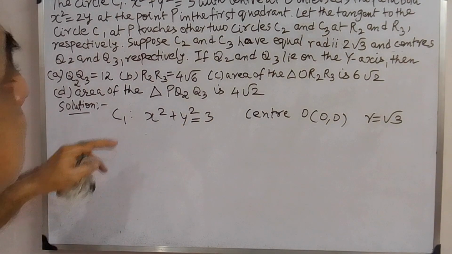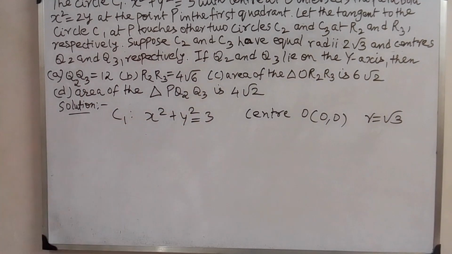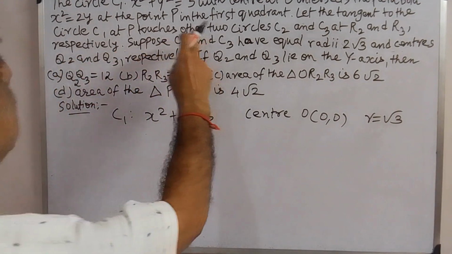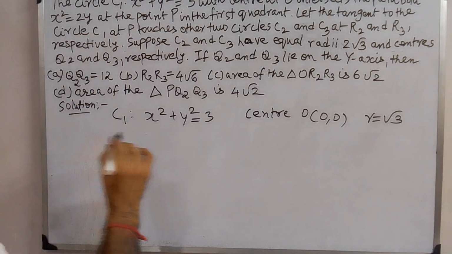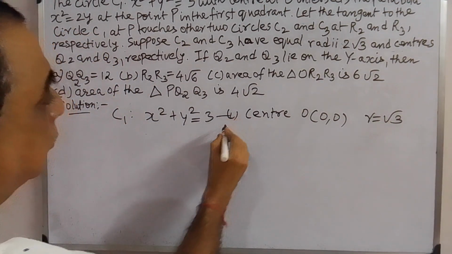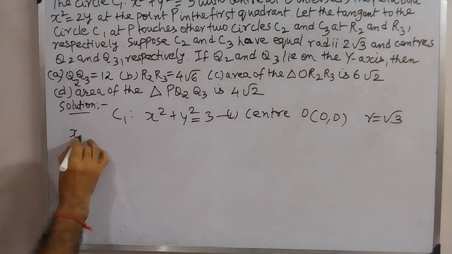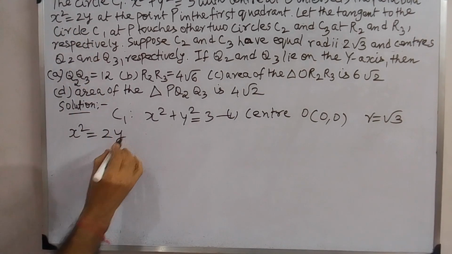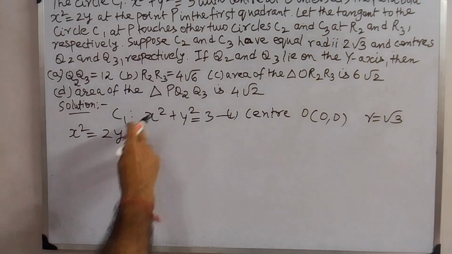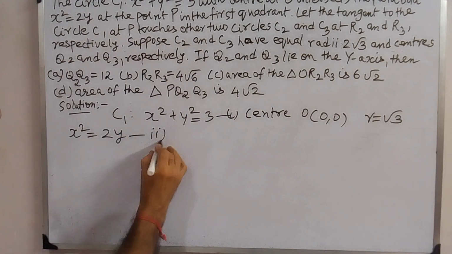Now, what is the other thing telling us? The circle with center O intersects the parabola. This is the equation of circle 1, and there is another curve given, x squared equals 2y.